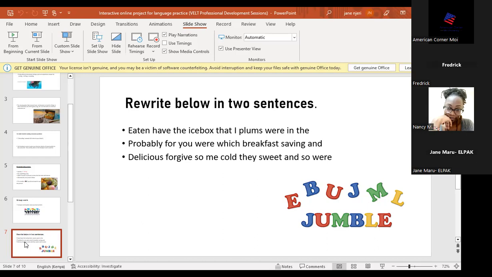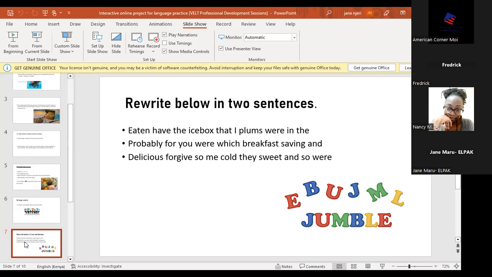You rewrite them well. The first one is: eat and have the ice box that I plums were in there. Then: probably for you were which breakfast saving and delicious forgive, so me cold, they sweet and so warm.